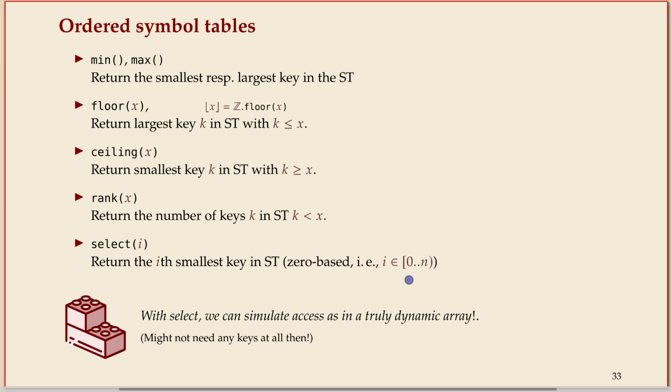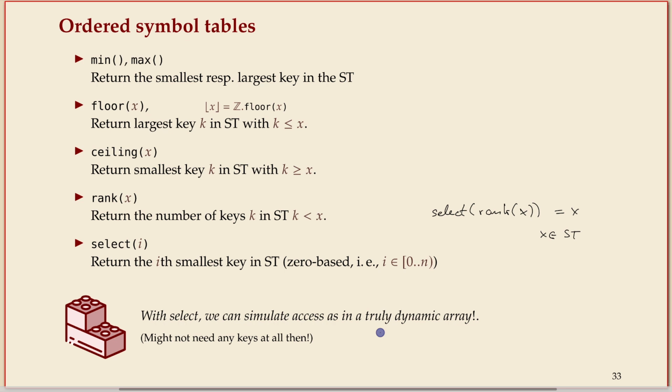So that also means, right, if you say select of rank of x, and x is in our symbol table, you would always get the same thing back. So they're built so that this works. Rank would find how many are smaller than x, and then select would give you that element back.